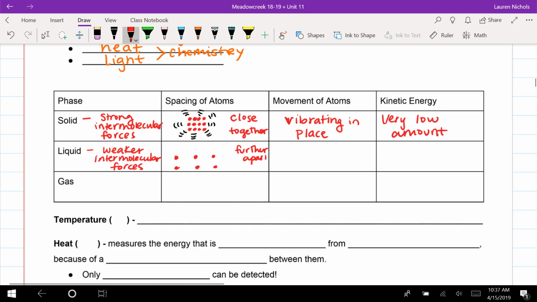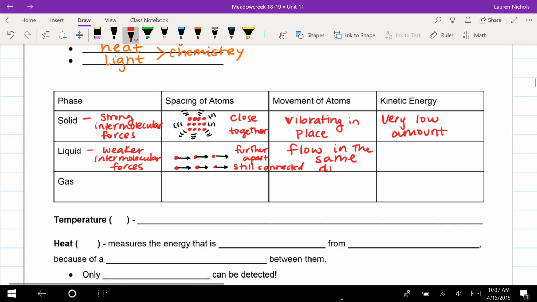But the key thing is that with those forces, they're still connected. They still have those intermolecular forces connecting them together. And so what happens is the molecules are going to flow in the same direction. So when they move, they're not just vibrating in place, but they are moving in the same direction. We refer to how they move as saying they're flowing.